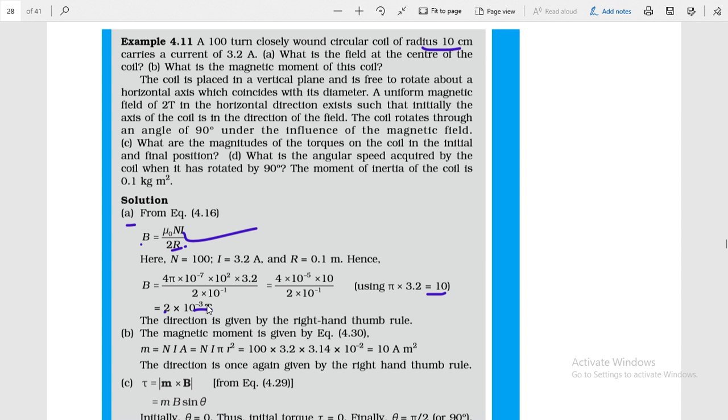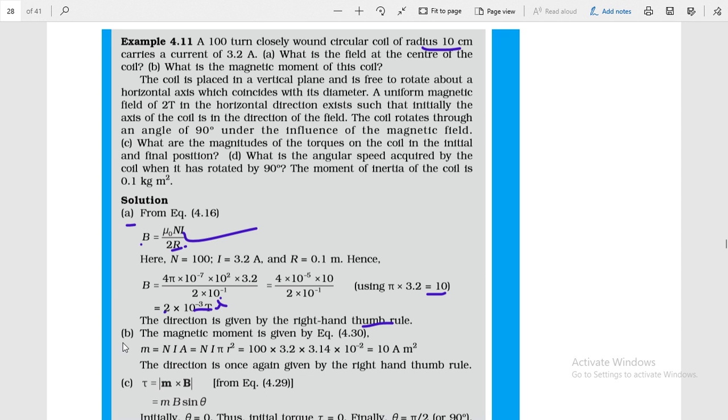This is the magnitude of the magnetic field. Now we can find the direction, which is given by the right hand thumb rule. In this case it is not mentioned whether the current is clockwise or anti-clockwise, so we cannot mention the direction exactly, but we can find it using the right hand rule if the direction of current in the coil is given. I hope you understand.